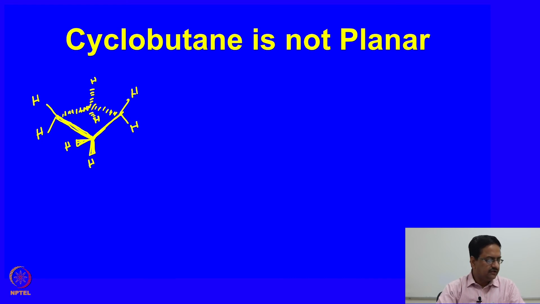Now let us draw the corresponding Newman projection of this molecule by looking through this bond, numbering the carbons 1, 2, 3 and 4. The Newman projection of this molecule will look like this.